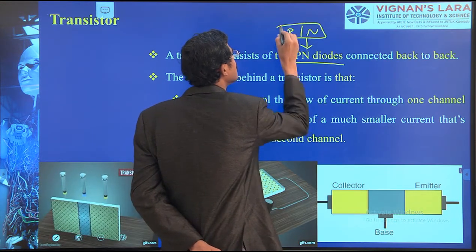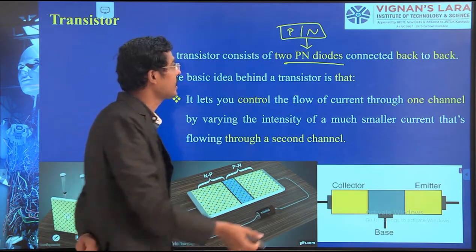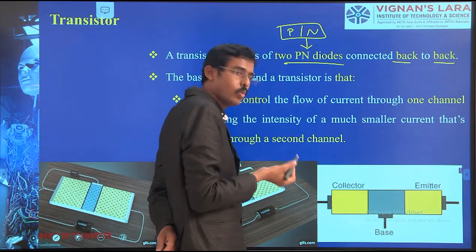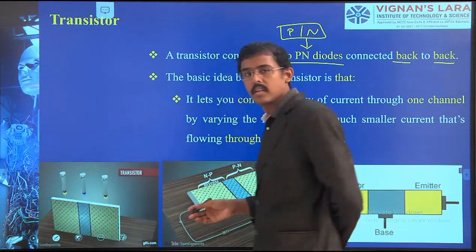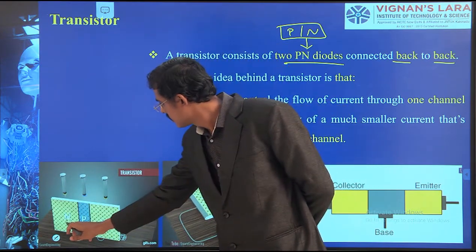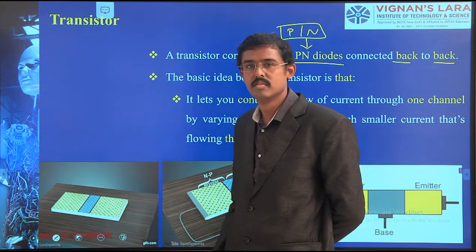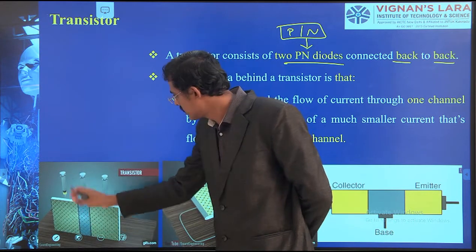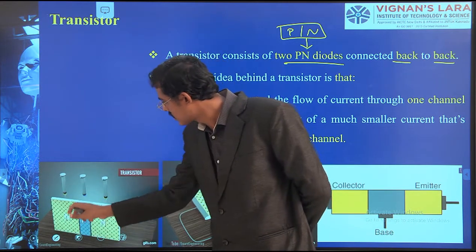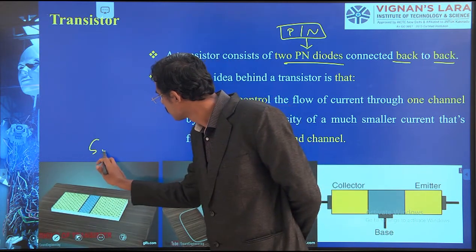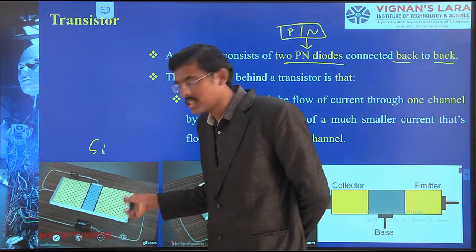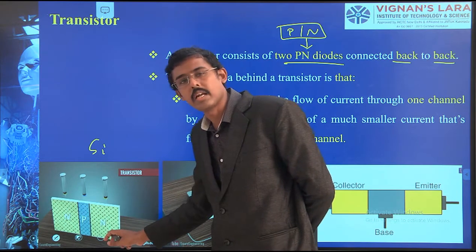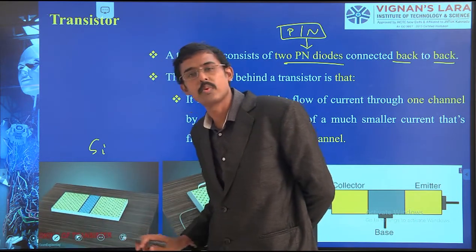We have done this. Now I am connecting this back to back. What I am doing, see, I have taken this NP we have already seen. From the NP, I have added one more, and this is a doping process I am doing. One side of silicon I have taken, and on one side I am doping N impurities, and on the other side again N impurities, and at the center I am doping the P-type impurity.